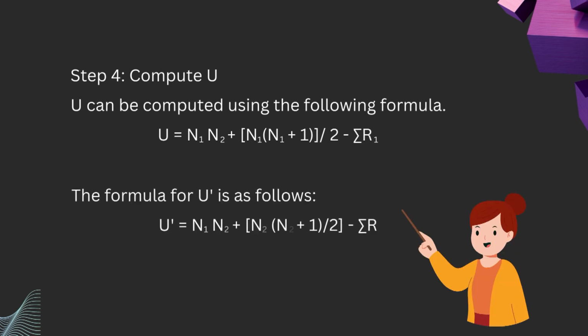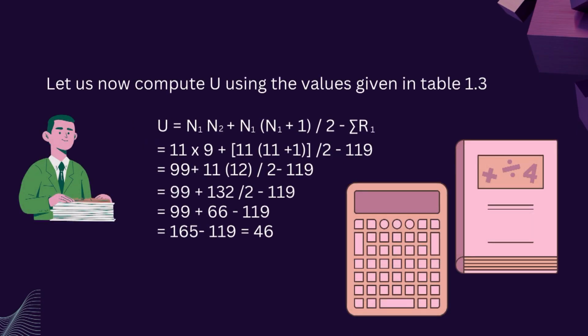The formula for U dash is as follows: U dash is equal to n1 multiplied by n2 plus n2 (n2 plus 1) divided by 2 minus summation R2. So, let us compute using the values given in table 1.3. U is equal to 11 into 9 plus 11 into (11 plus 1) divided by 2 minus 119.